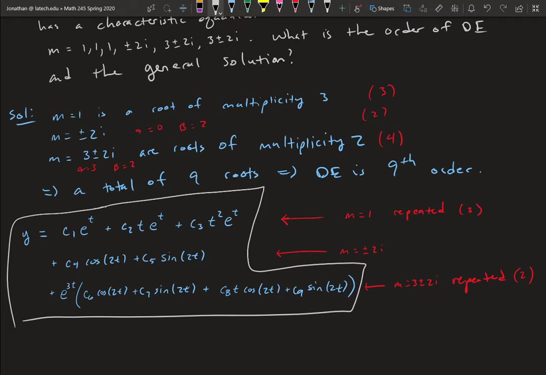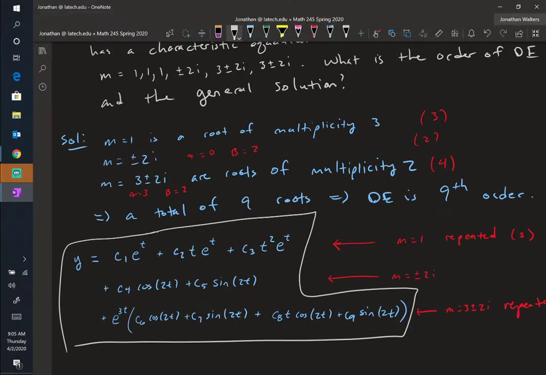Move on to non-homogeneous equations. So that's going to be what we do next.